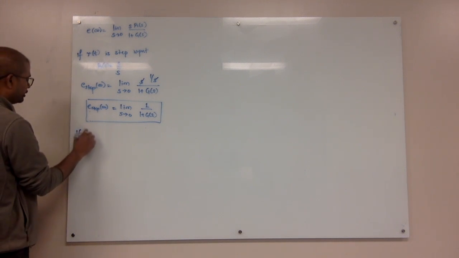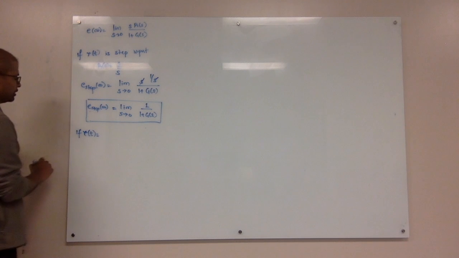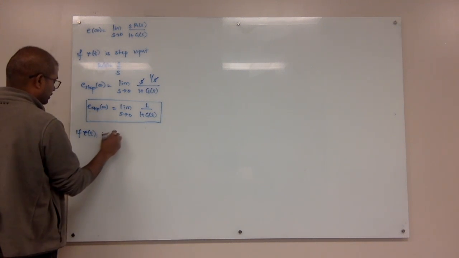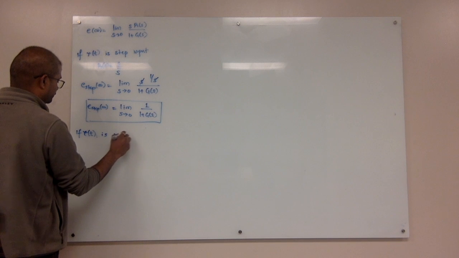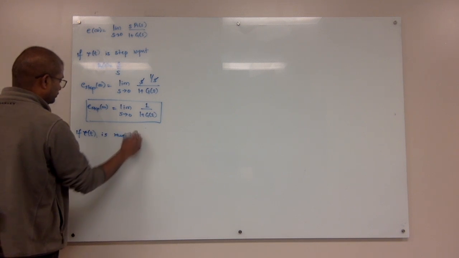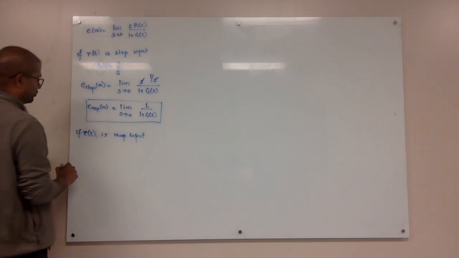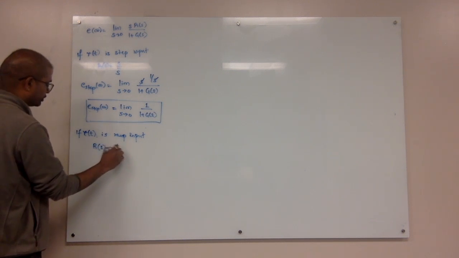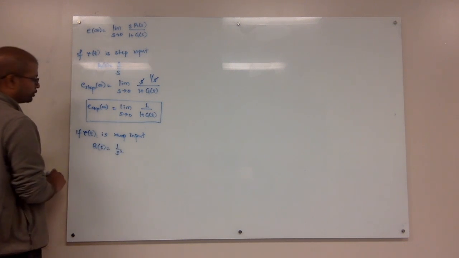If R of t is a ramp input, okay, R of s is equal to 1 over s squared.